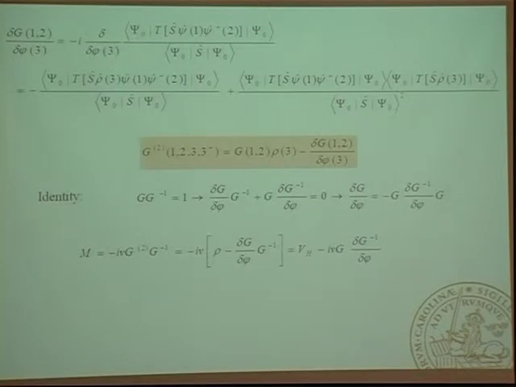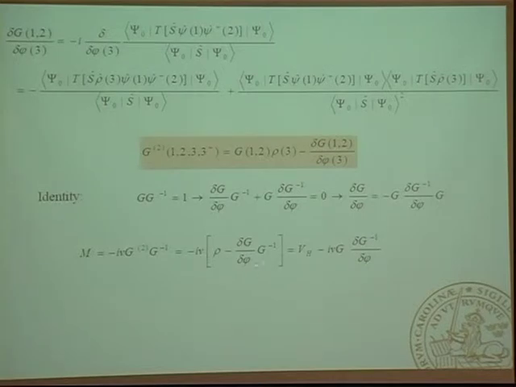So if I come back to the expression for the mass operator, I just write this in a schematic way, then we could replace the 2-particle Green's functions by this quantity here. So the G disappears because I have G to the minus 1 here.